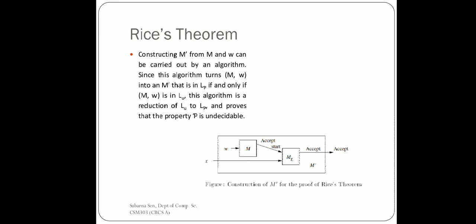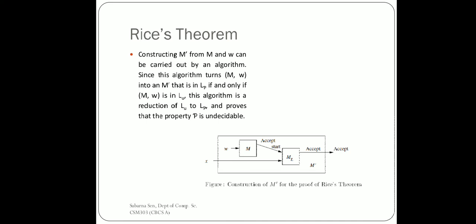LP cannot accept the empty language, but if W is not accepted by M, then it is going to accept the empty language. So if and only if this universal Turing machine accepts, then my LP is going to work fine. So now you can see that we have successfully mapped LP to LU.